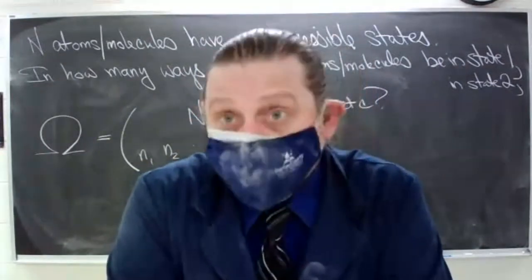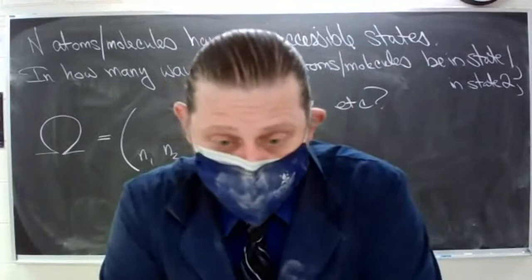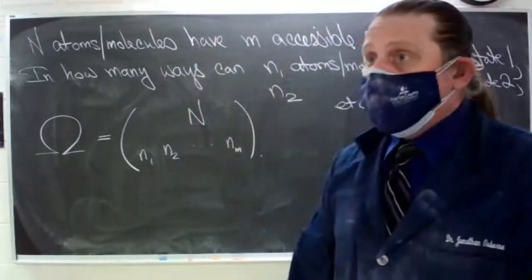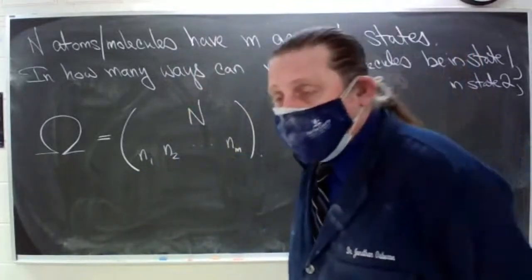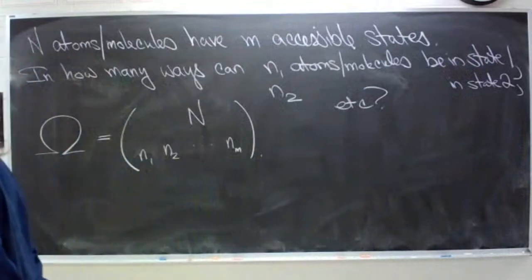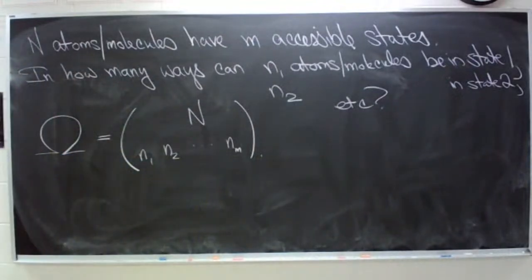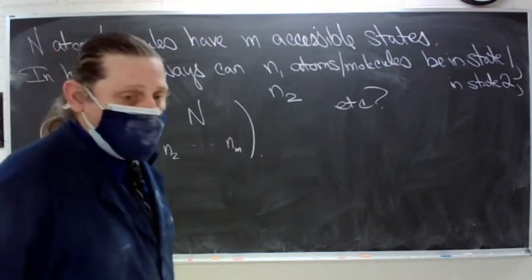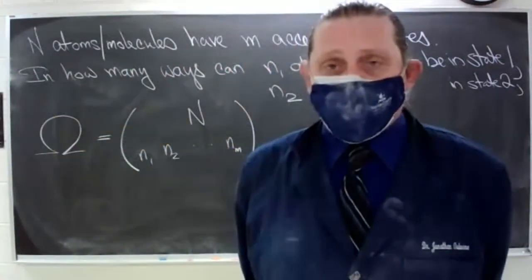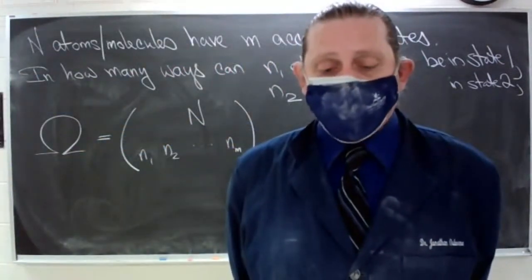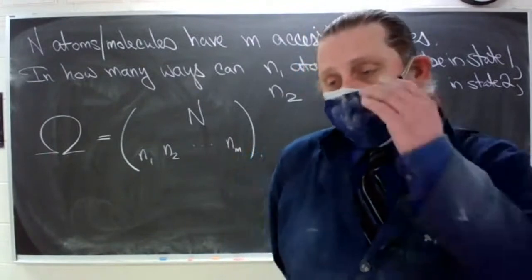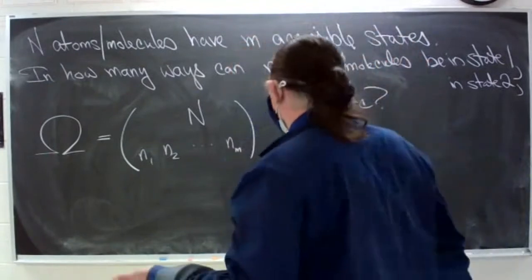Of course, the answer is we're going to take a logarithm. If I combine two systems together, the logs of the number of ways that their state can be occupied will add, because the number of ways multiplies.